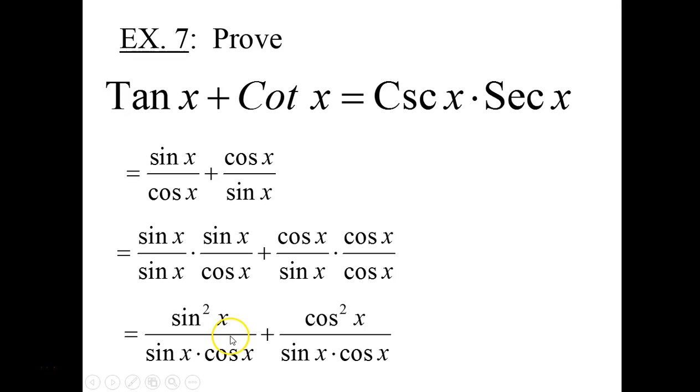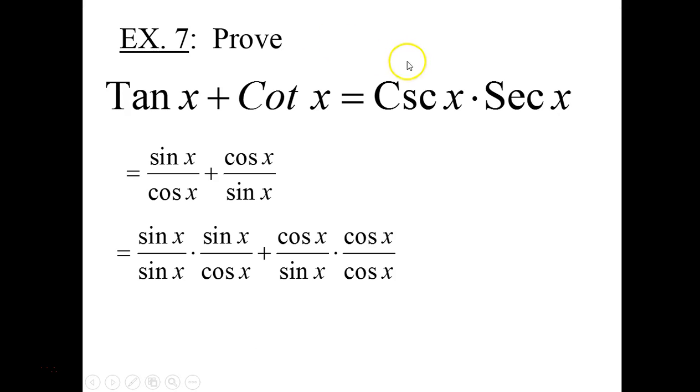Once I have the common denominators, I can combine these two into one fraction, giving me sine squared plus cosine squared on top. Now from there, I know that sine squared x plus cosine squared x is a Pythagorean identity for the number 1. Again, it doesn't look like what I had in the beginning.